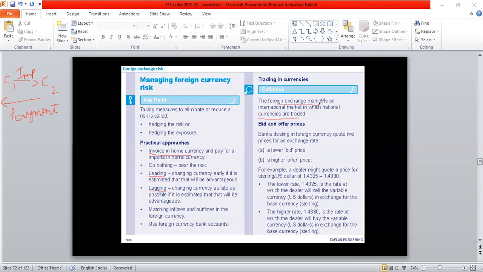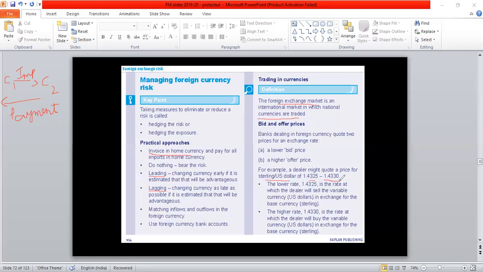What are bid and offer prices? Banks dealing in foreign currency quote two prices for an exchange rate: a lower bid and a higher bid. For example, a dealer might quote a price for sterling versus US dollar as a lower rate of 1.4325 and a higher rate of 1.4330.